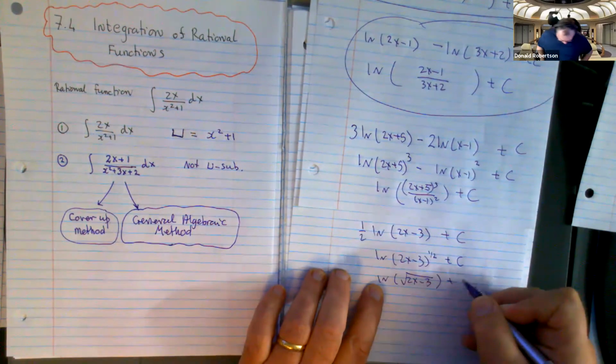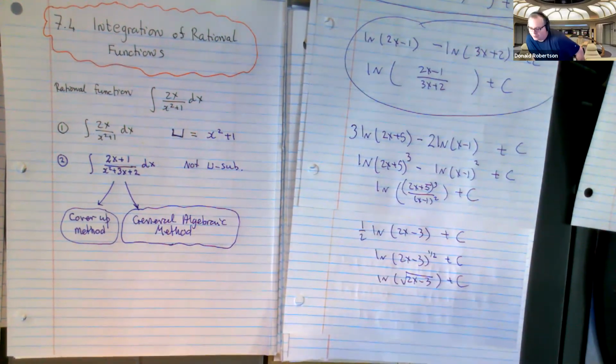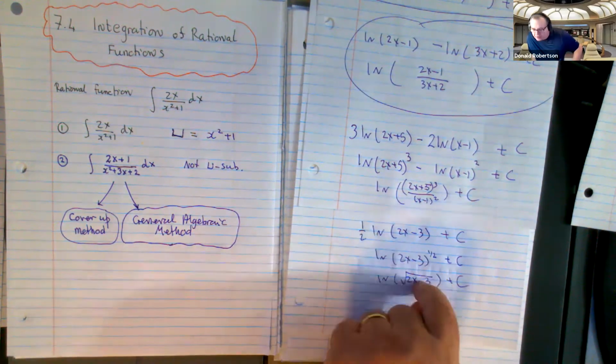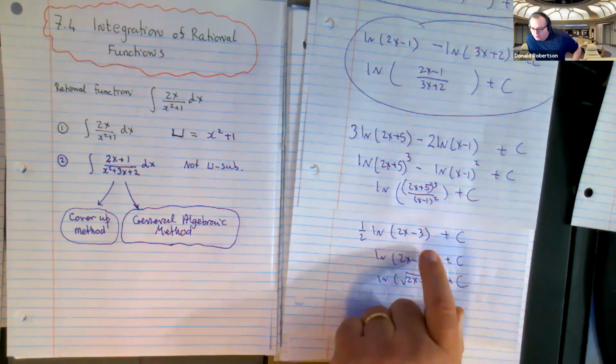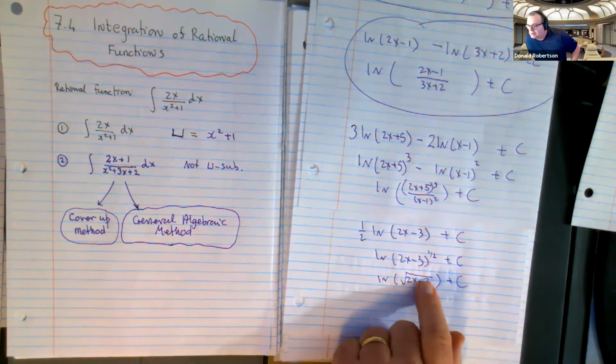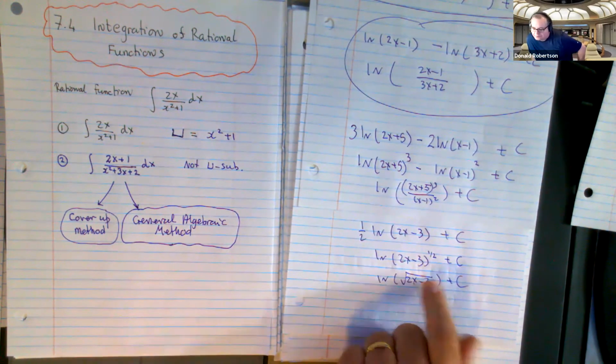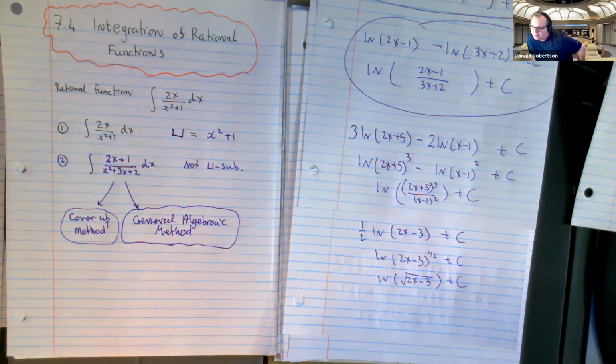But it would look nicer as a square root. But both of those are valid, and I don't see any problems with them. If you write that, I'm quite happy. If you do that, I'm even happier. Are we good? Right, the halves just give you square roots and thirds give you cube roots.